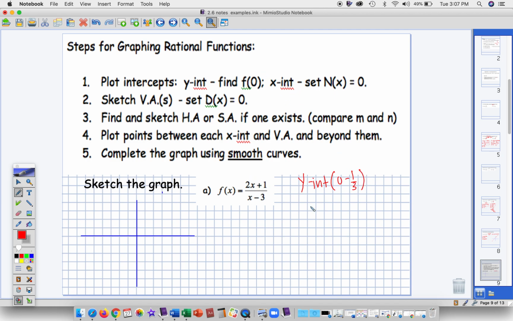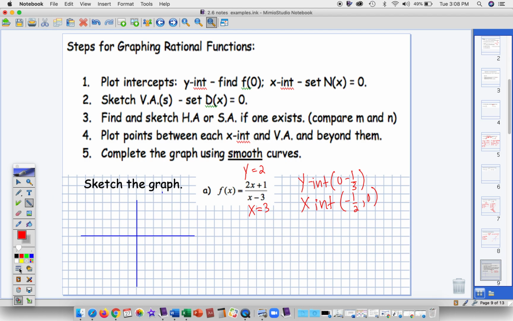X-intercepts, we're finding the 0 of the numerator, which is going to be (-1/2, 0). Vertical asymptotes, so we're going to have a vertical asymptote at x equals 3. And then we're going to have a horizontal asymptote because the degree is the same. So the horizontal asymptote is y equals the ratio of the leading coefficients, 2/1.